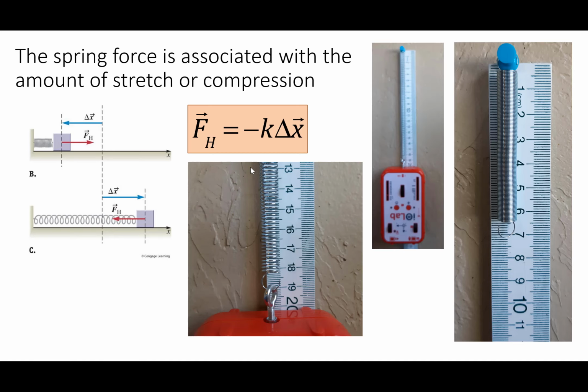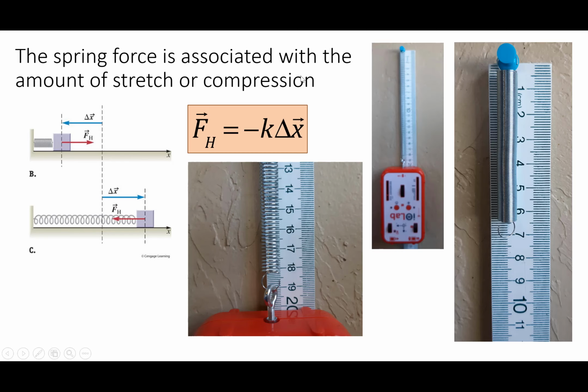All of those springs are going to have different spring constants. And those are going to be dependent on the material, the number of windings, and a whole lot of configuration and material things related to the spring. So I have to measure those spring constants for each individual spring.